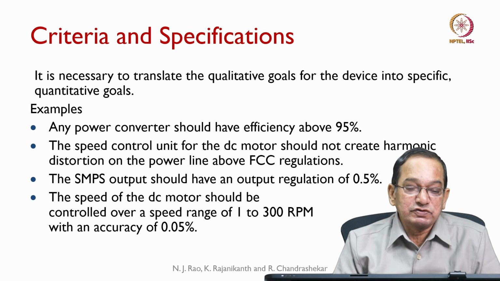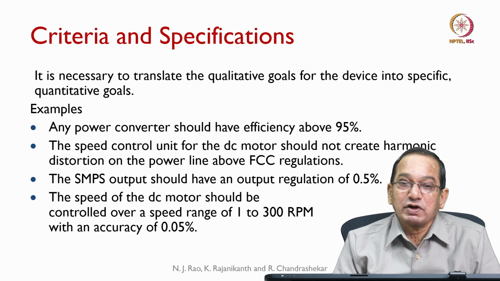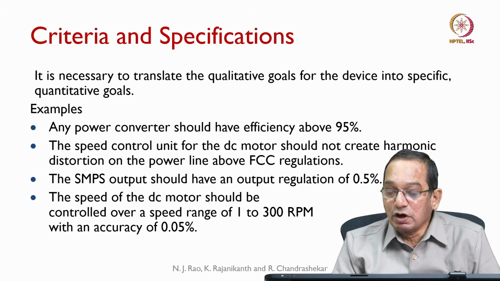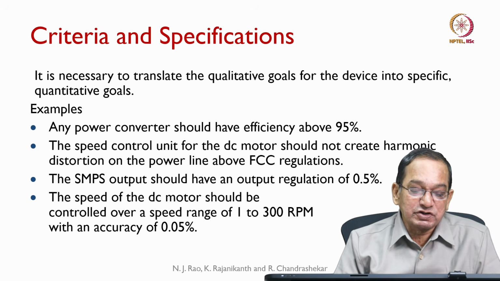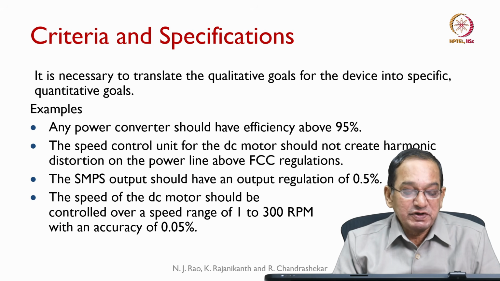Examples of criteria and specifications include: any power converter should have efficiency above 95%. The speed control unit for the DC motor should not create harmonic distortion on the power lines above the regulations. The SMPS output should have an output regulation of 0.5%.